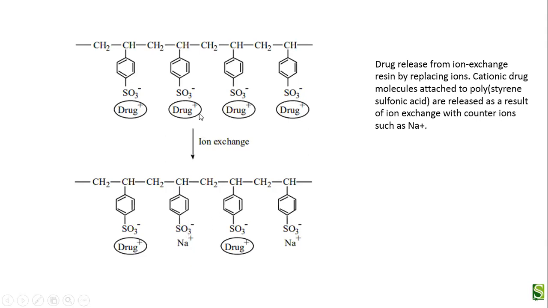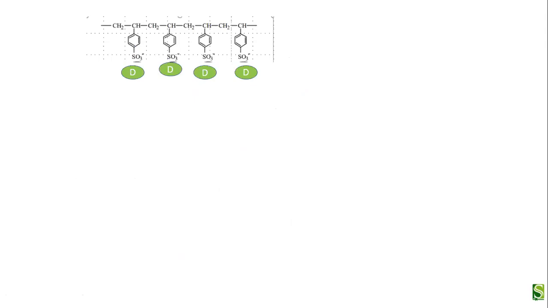In the second diagram, the sodium has replaced the drug on the sulfonic acid moiety, and the drug which was earlier placed here is removed, and that unbound drug is available for absorption. This is the basic principle of ion exchange resin.